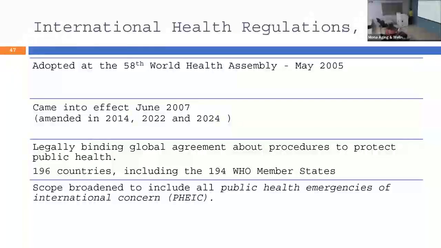So the International Health Regulations of 2005 were adopted at the 58th World Health Assembly in May 2005, but came into effect in 2007. This is a set of legally binding global agreements with procedures to protect public health.